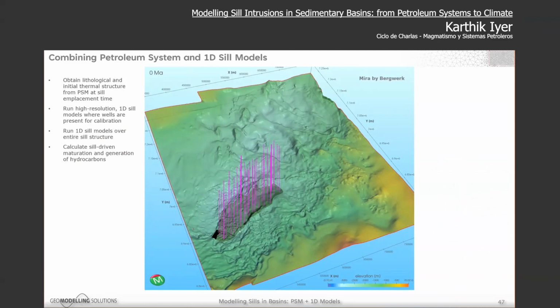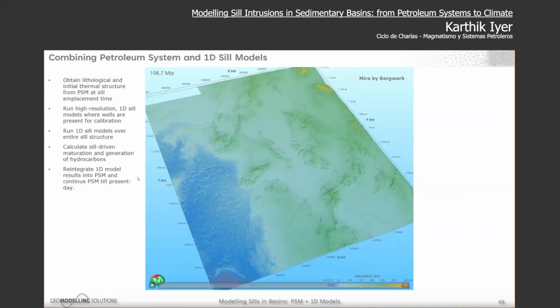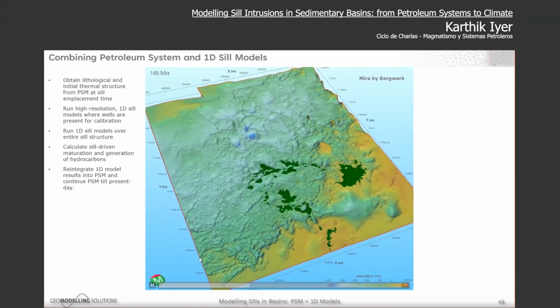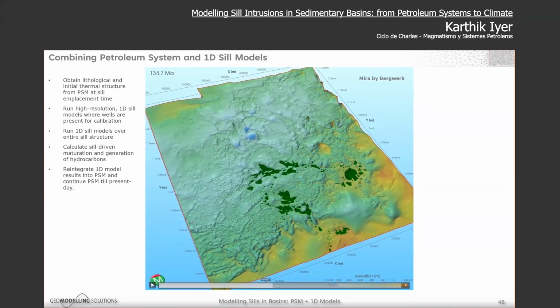And once that is done, I can send it back to my basin model and go on migrating any hydrocarbon that has been generated due to sill emplacement itself. I'll just click on this now, and I'll try to stop it here. So this was all subsidence driven. I'm generating hydrocarbons and migrating them on the reservoir surface in time simply because I'm burying rocks.